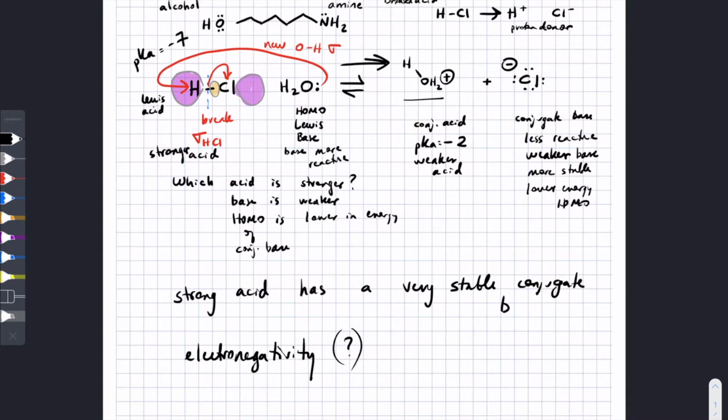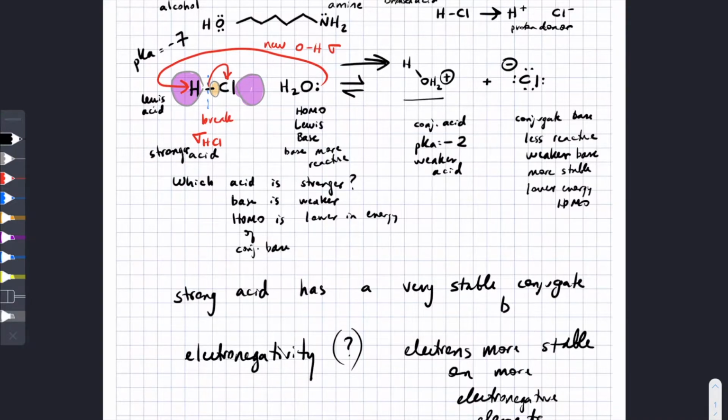But why would an atom pull electrons toward itself? Extra special social skills, charisma, go ahead. To become more stable. Okay, so electrons are more stable on more electronegative elements.